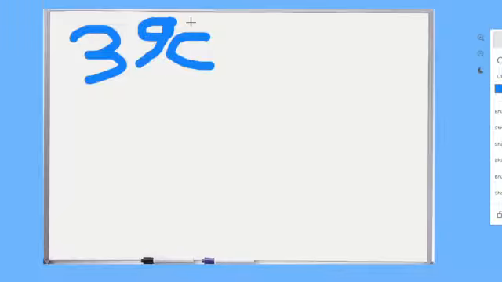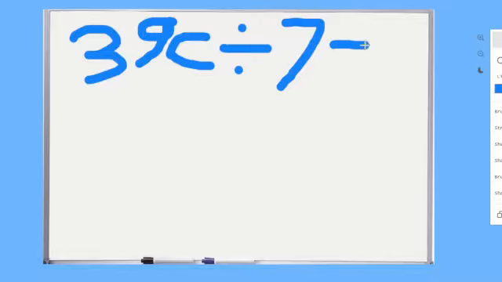Let's make that C. And you gave 7 to each of your friends. You still have 4 cherries left.